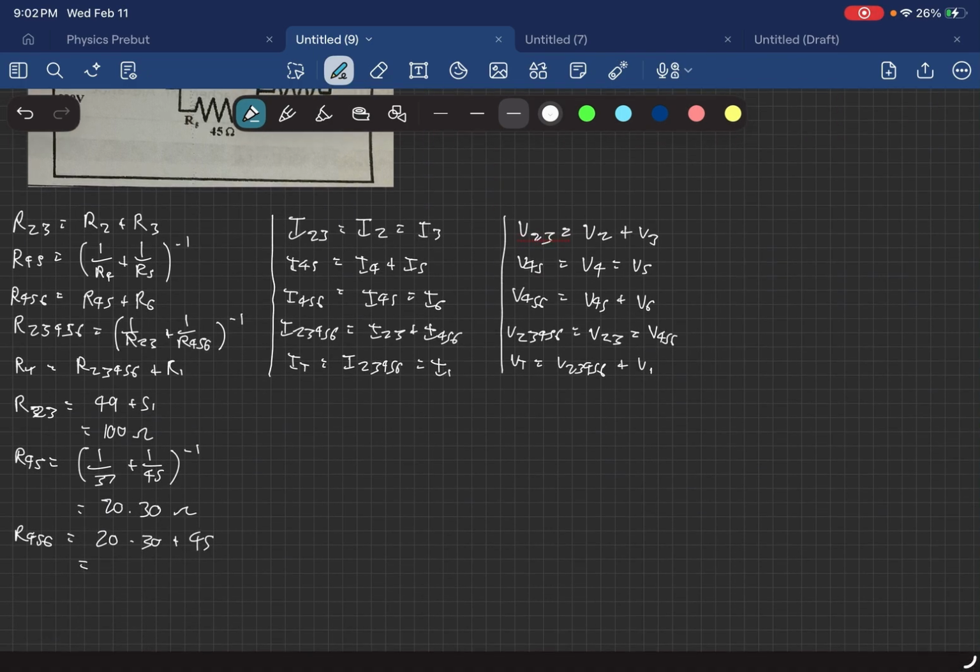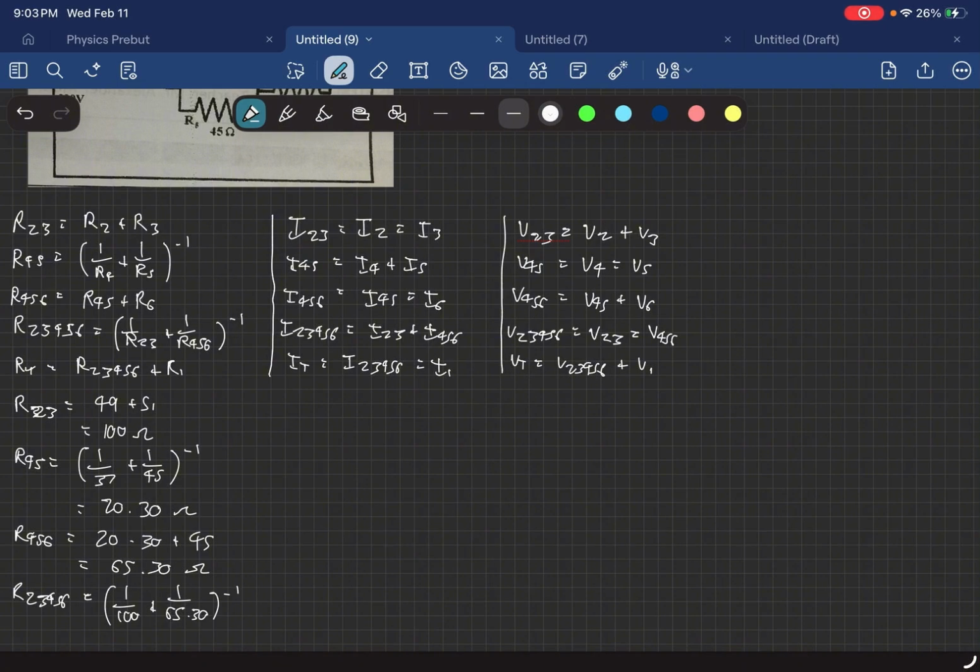This will give you 65.30 ohms. So next we have R23456, and R23456 is equal to 1 over 100 plus 1 over 65.30, raised to negative 1.